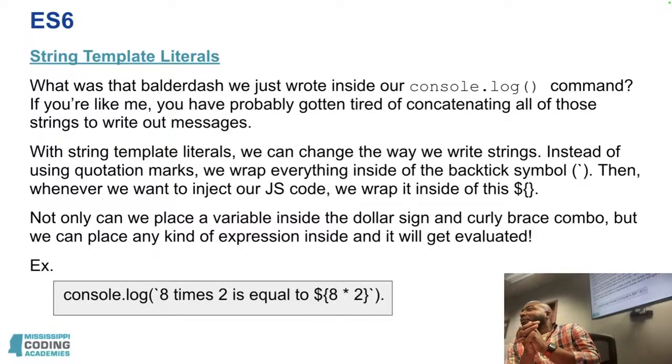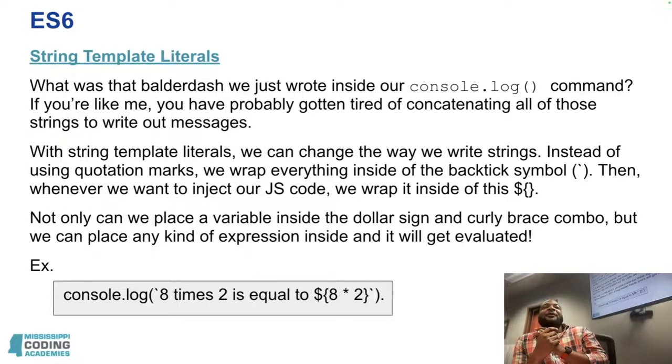If you're like me, you probably got tired of concatenating all those strings to write out messages. All that, have a string plus a variable, then plus another string. We don't want to do that, right? That causes a whole bunch of headaches.